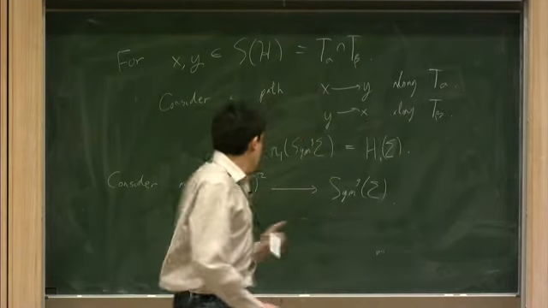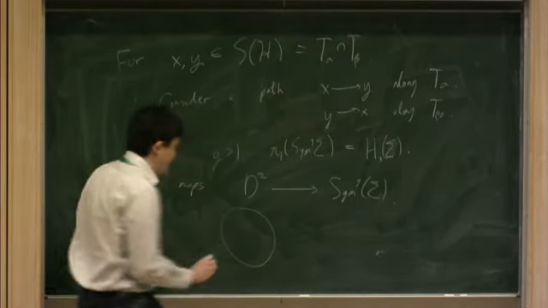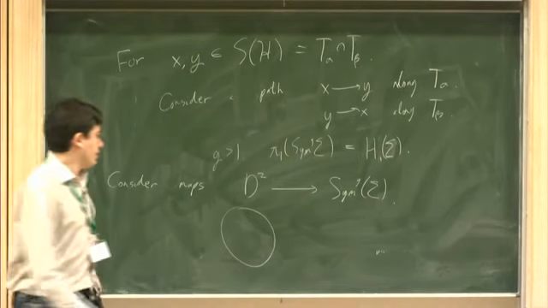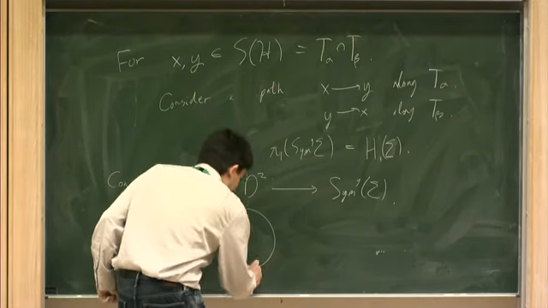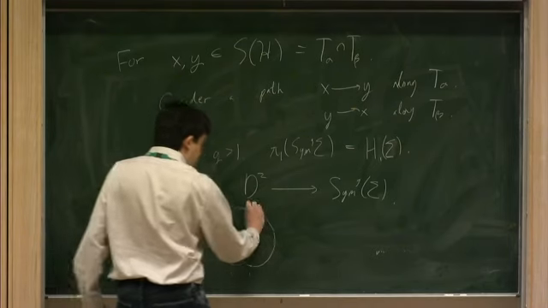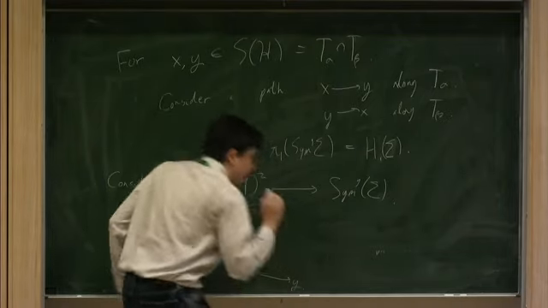I want to think about the disk as living in the complex plane. We can let this be the point i, and this the point minus i. I want to say that this point maps to x, and this point should map to y.